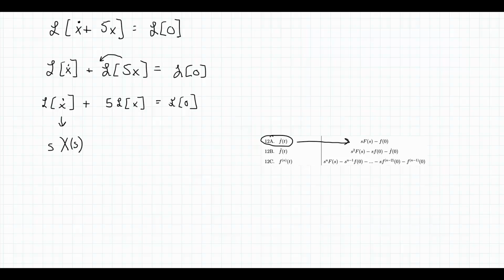And then minus little x of 0. So the Laplace transform of x dot goes to s X of s minus x of 0.